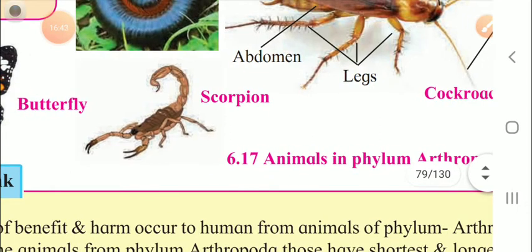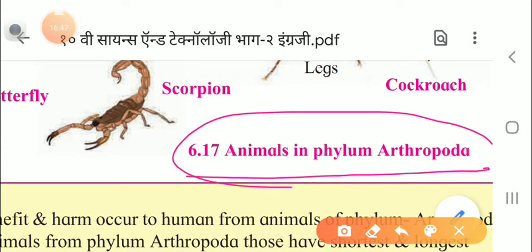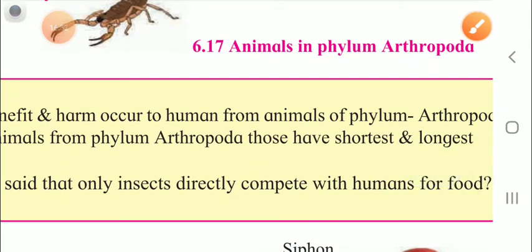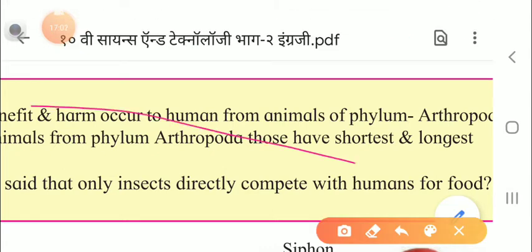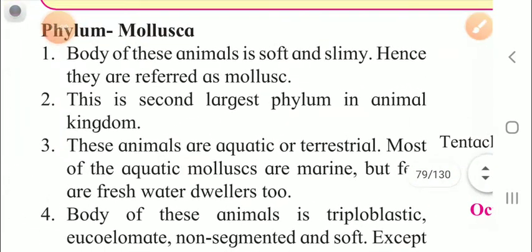Now, this part is cancelled out. Okay. Now, let us see the phylum Mollusca.